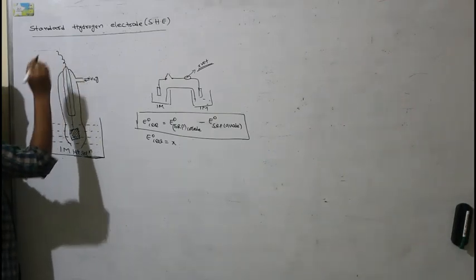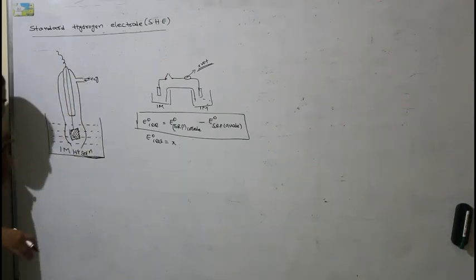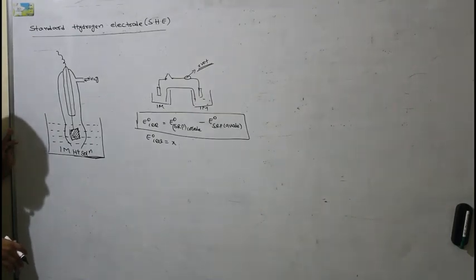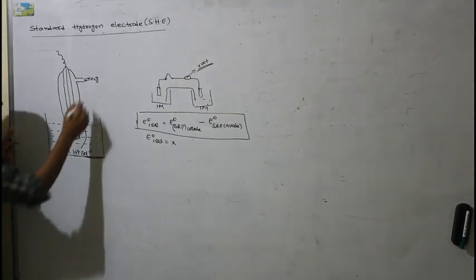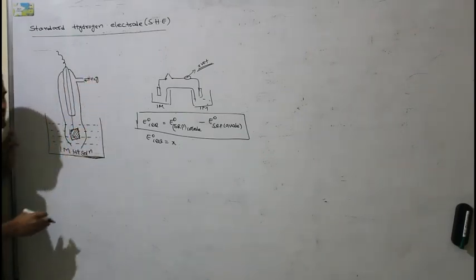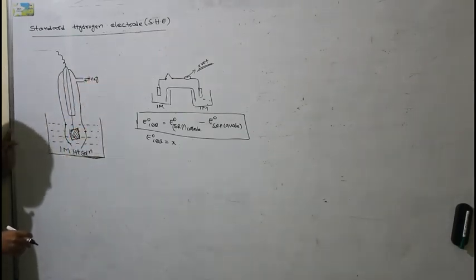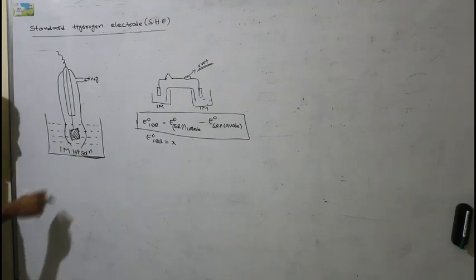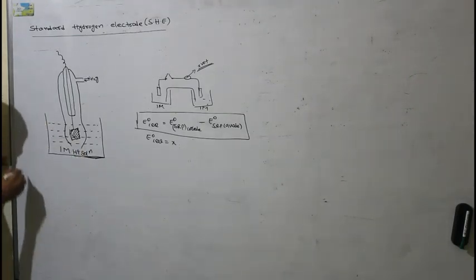This one can act as an anode and it can act as a cathode also. We send hydrogen gas through this way, and the hydrogen gas liberated in the reaction also comes out.